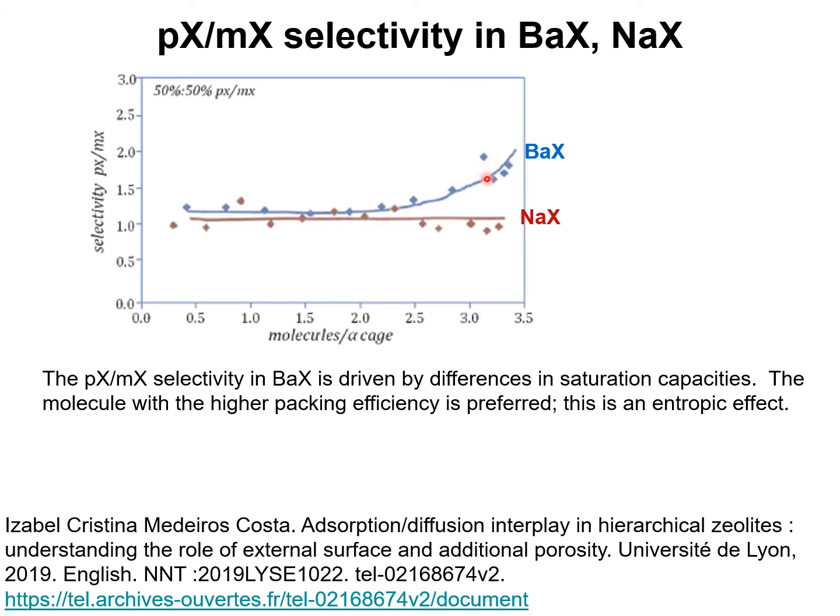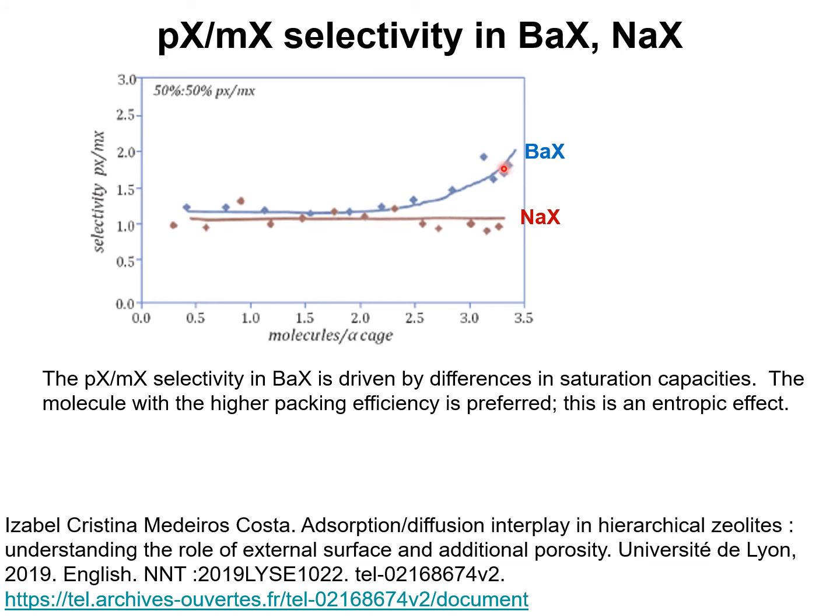This is because the placement of the third molecule of meta-xylene is an energy demanding task, whereas the placement of the third molecule per alpha cage of para-xylene is relatively easy because the third molecule can be located in the plane of the windows.